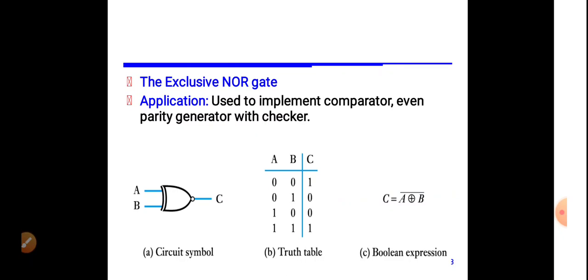Or in simple words, we can also say that this XNOR gate is also called an equality gate. This equality and coincidence is specifically valid only for the two-input XOR and XNOR gates. It is not a generalized statement; it is valid only for two inputs.